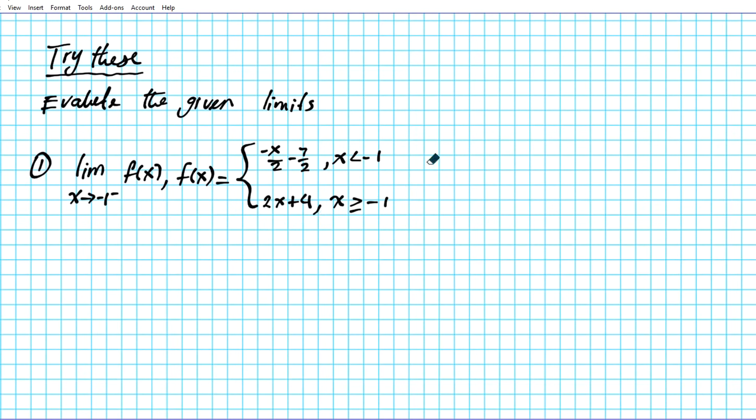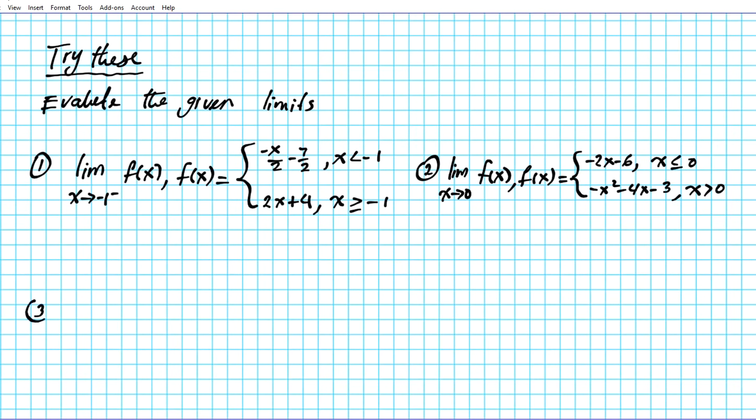For number 2, find the limit as x approaches 0 of f of x, where f of x is a piecewise defined function given by negative 2x minus 6 for the subdomain x is less than or equal to 0, and negative x squared minus 4x minus 3 for the subdomain x is greater than 0.